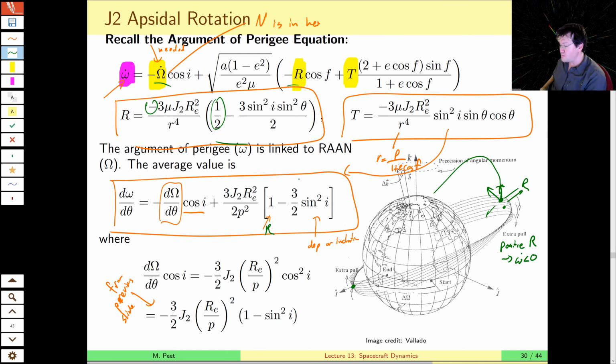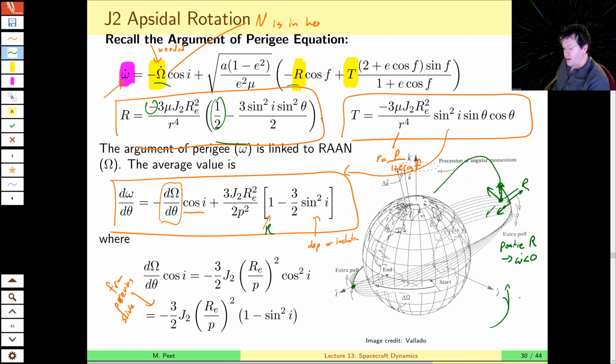Likewise, the tangential. Radial's pulling it that way, and tangential force is giving essentially the orbit more energy. It's sort of like if you're rotating in your orbit, it gives it a little bit more energy there.